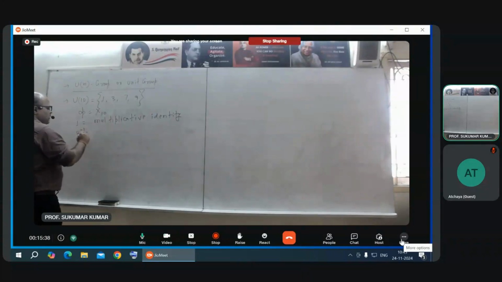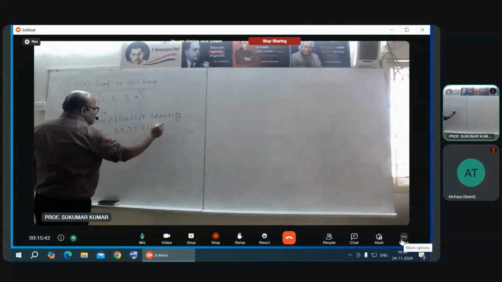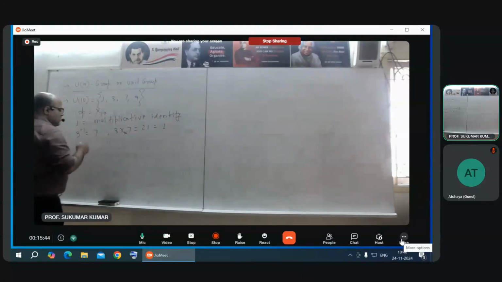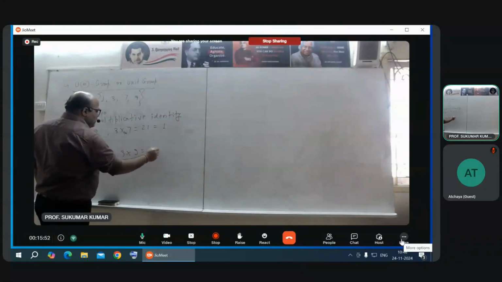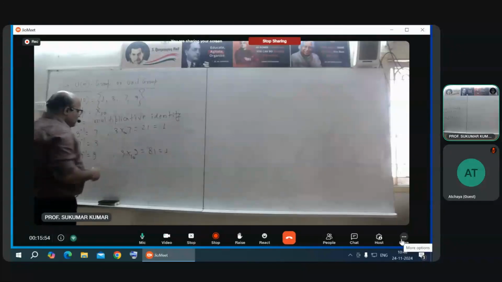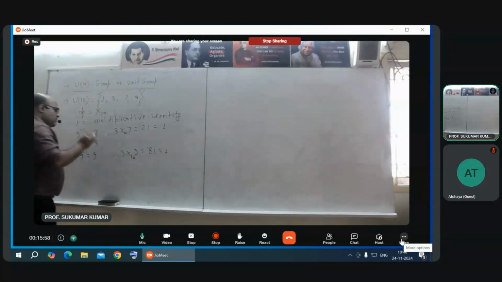What will 3 inverse be? 7. 3 into 7 is 21, modulo 10 is 1. So 3 inverse is 7, 7 inverse is 3. 9 inverse will be itself, 9. 9 into 9 is 81, modulo 10 is 1. So 9 inverse is 9. Okay, the commutative law will also be satisfied. So this is an abelian group, no problem.